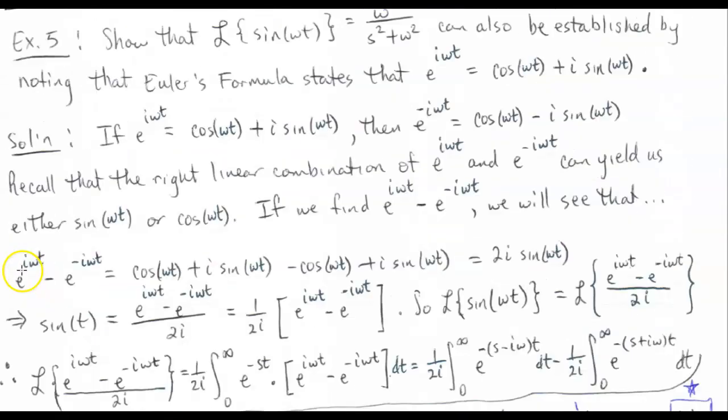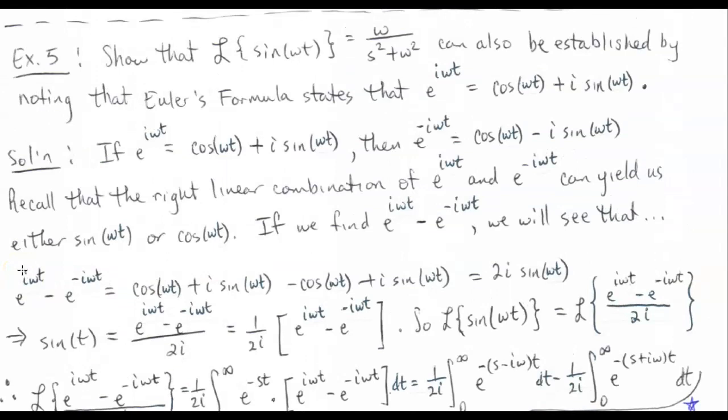Now, example 5 here is just another way for us to establish this particular Laplace transform, and we can do it by using Euler's identity, or Euler's equation. And of course, here we know that if we do the right combination of addition, subtraction, and constant multiples of e raised to the i omega t, we could form what sine and cosine of omega t would be.